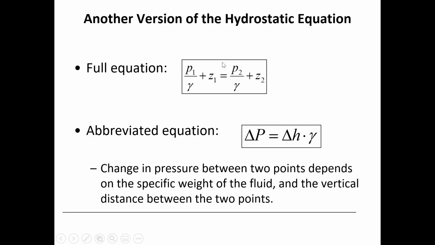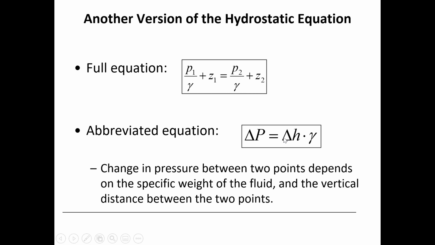So here's the full hydrostatic equation, and we can abbreviate it if we're just interested in keeping track of changes in pressure through a fluid. The delta P would be the difference in pressure between 2 points.